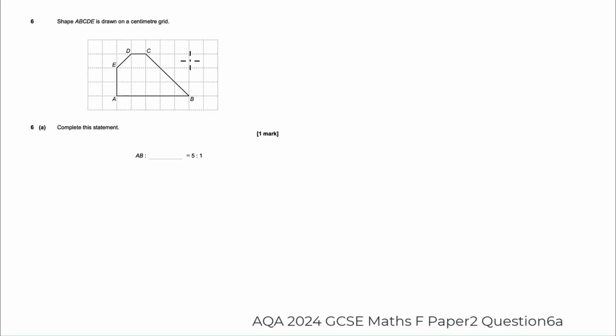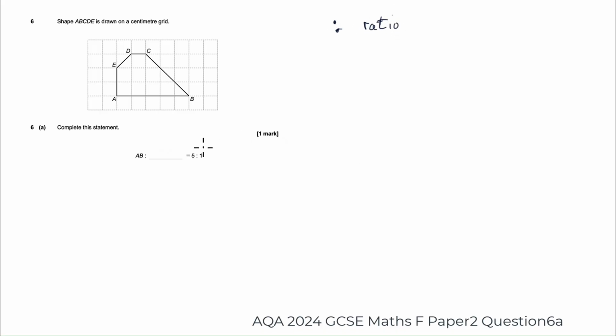So here we have question 6, where we're shown this shape, A, B, C, D, E, and we're asked to complete this statement in part A. Now we've got 2 dots in here, and you'll remember that 2 dots means that you're dealing with a ratio.